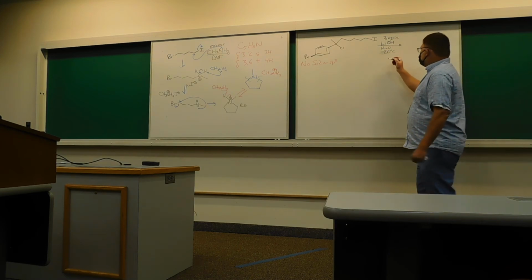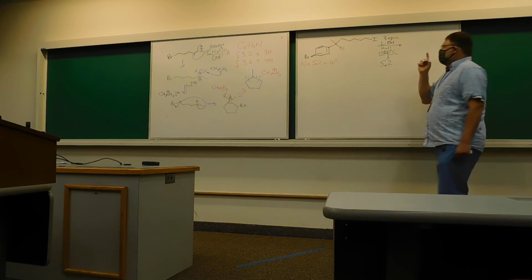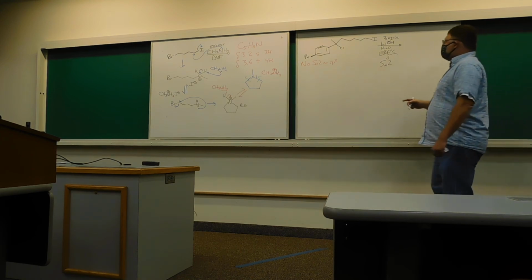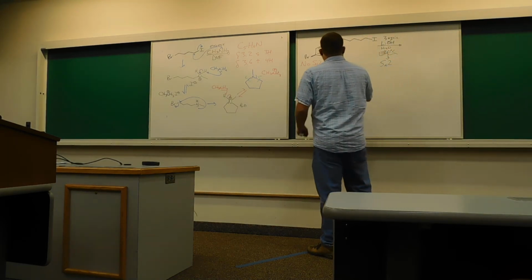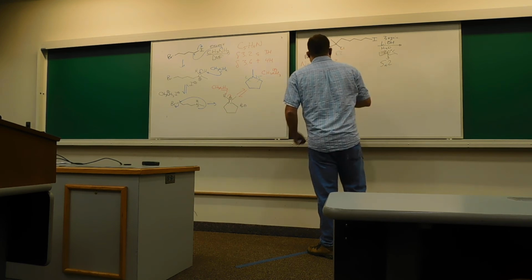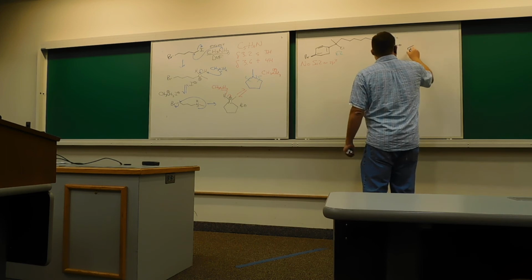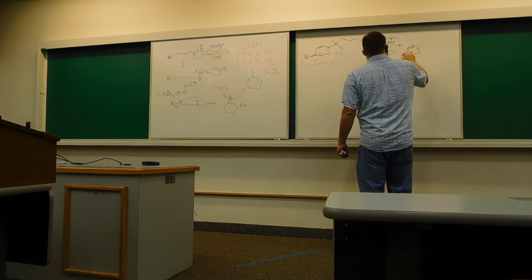So the conditions sort of say SN2, but that chloride can't do SN2, right? Tertiary halides can't do SN2 reactions. And so it's going to do an E2, and just give the Zaitsev product.